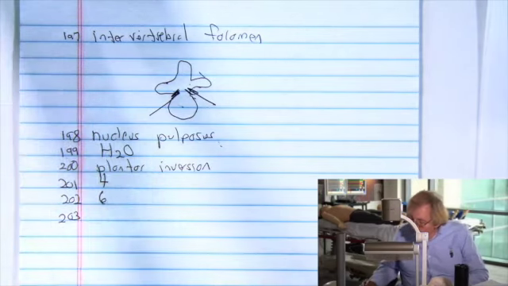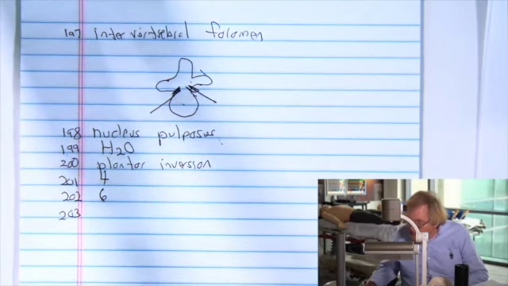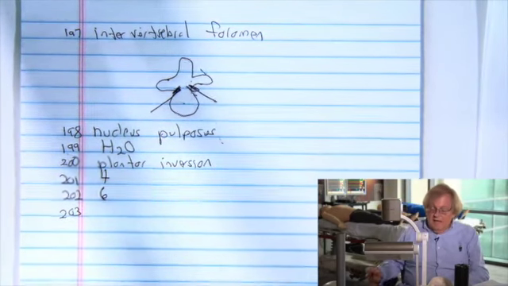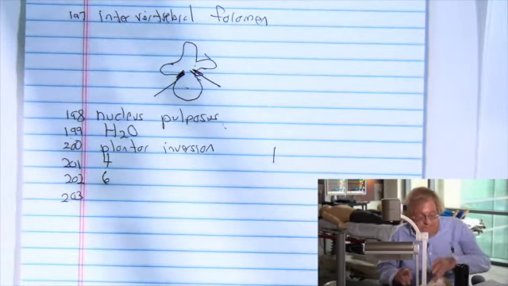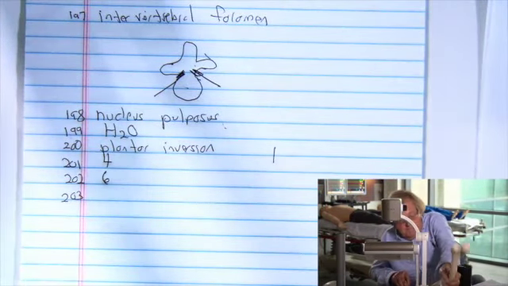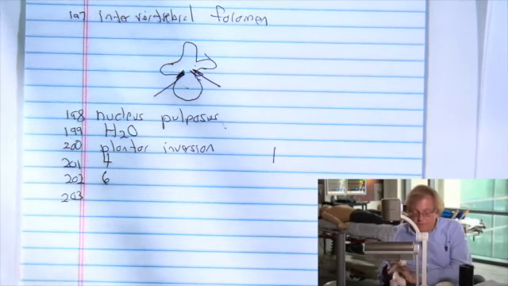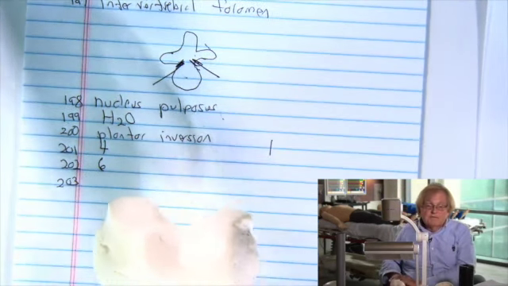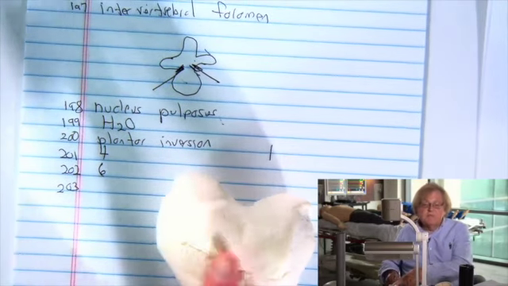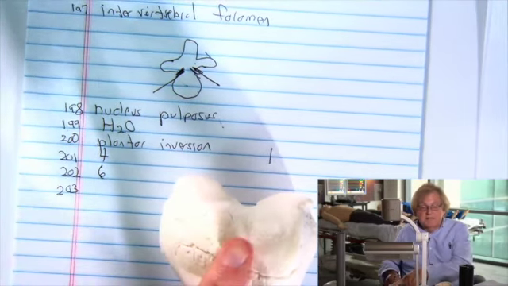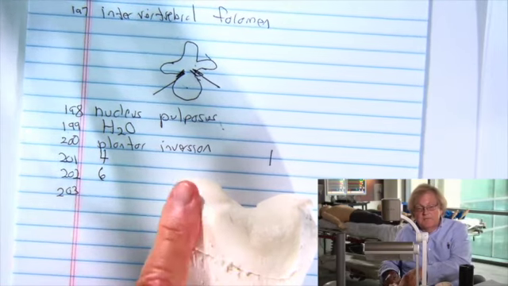203 says location of the lateral epicondyle. If you think about your femur, for example, this femur has to articulate, and since this is the distal femur, it's got to articulate with the tibia and fibula.